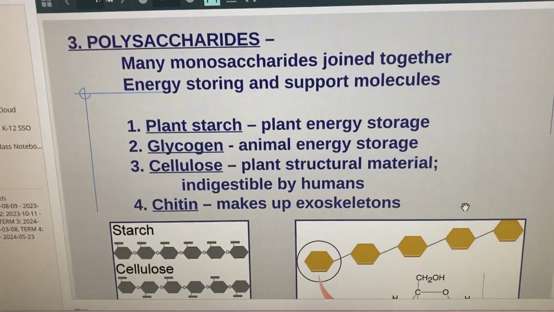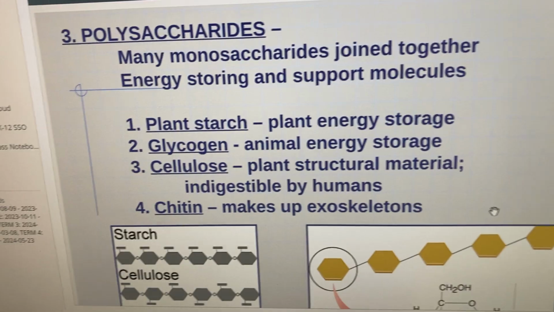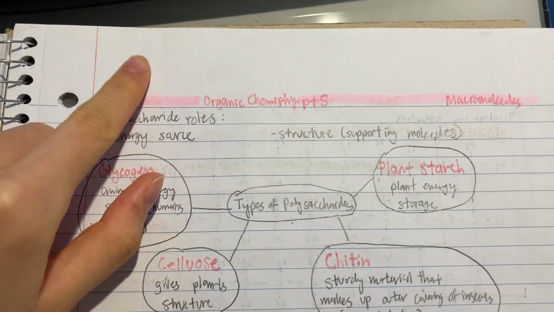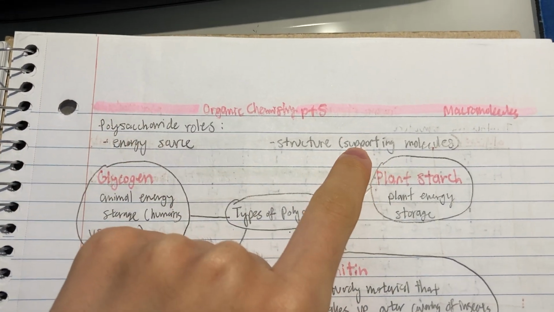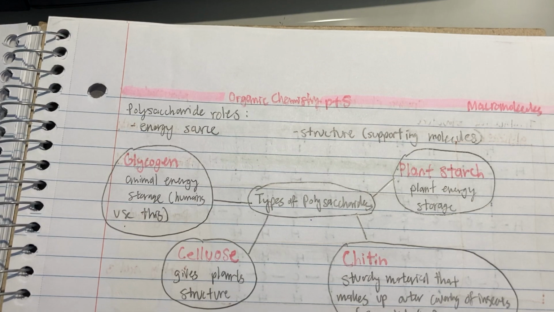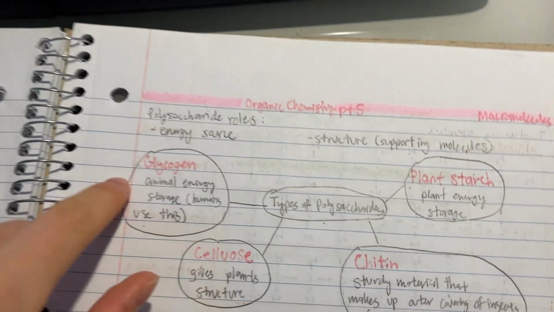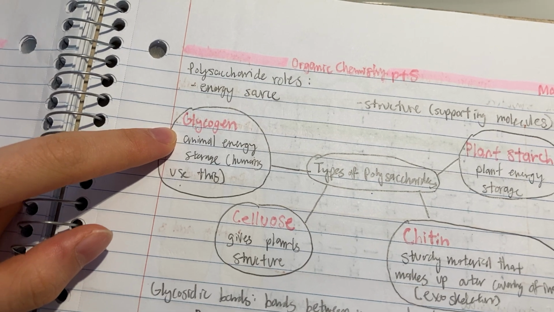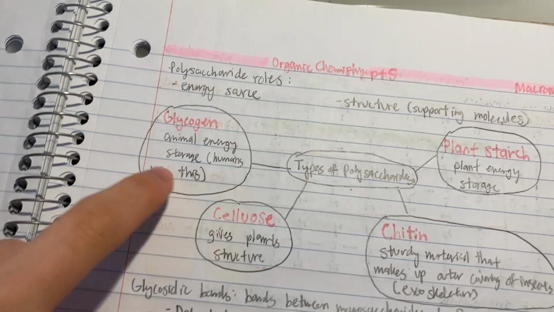Okay, now we're gonna talk about polysaccharides. So I'll just use my notes. Polysaccharides are used for energy and for structure of things. These are the 4 types of polysaccharides. There's glycogen, which is used for animal energy storage, and we humans use this too.